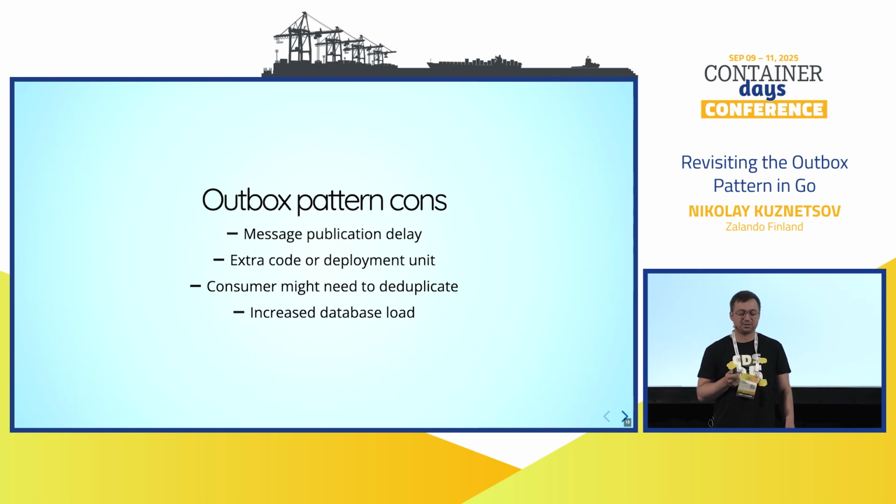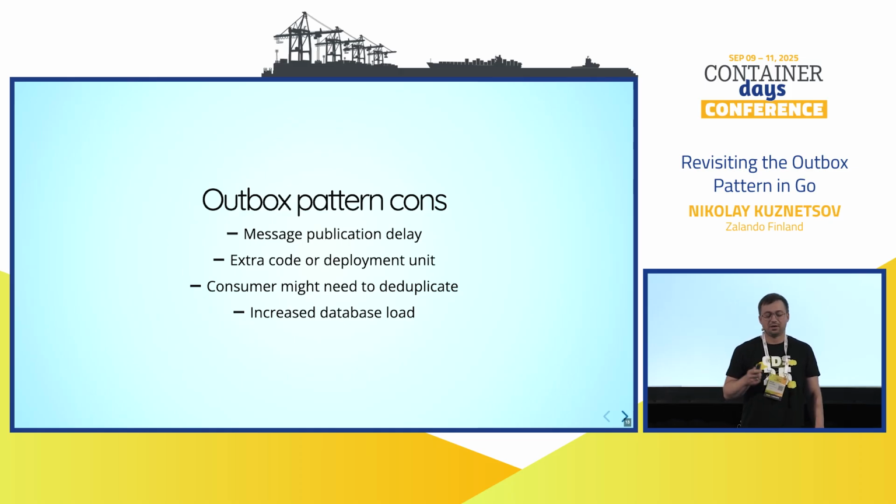We also need some additional code, or even a deployment unit to maintain the Outbox relay. Also, our consumers might need to deduplicate the messages because now we get at least once delivery guarantee, not just single delivery guarantee. And also we increase the load on the database resources.